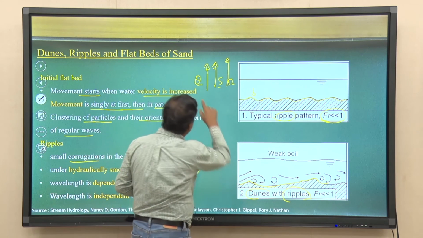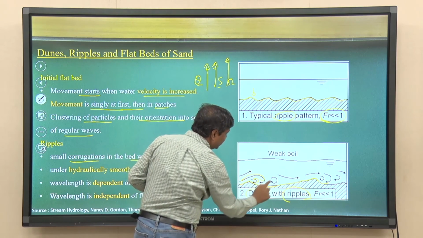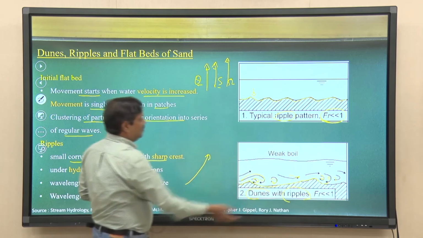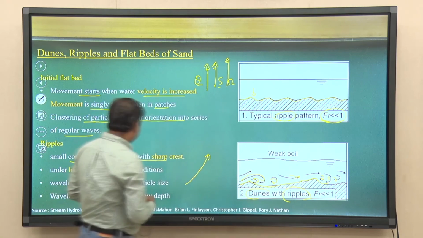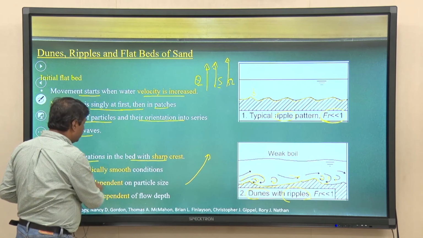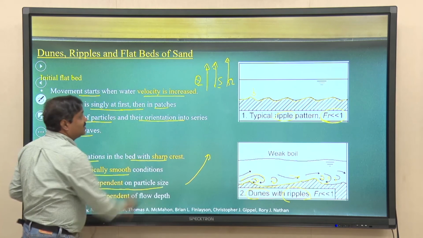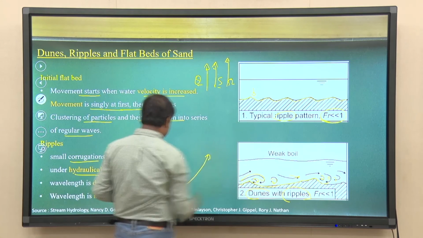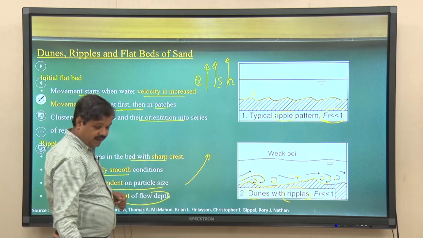Further, if you increase the discharge or the stream power, you will have formations of flow like this, and at the back side of the dunes there will be eddy formations. The ripples will be under hydraulically smooth conditions, and their wavelength depends upon the particle size. In the ripple case, the wavelength depends on particle size, independent of the flow depth.